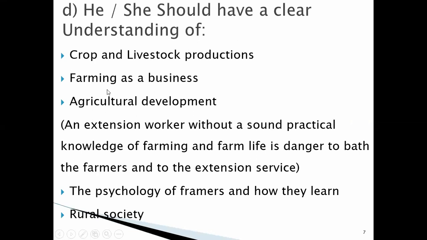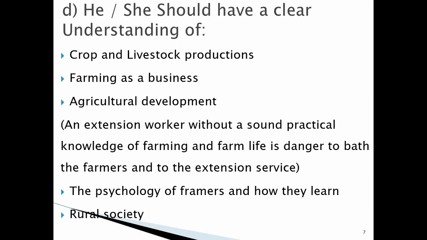And farming as a business, you have to think farming is a business. And agricultural development, you should always think of development in agriculture. And you should be aware of the psychology of the farmer. When you are saying something, you should be able to say it in a way the farmer can understand, from the farmer's point of view. The psychology means the mindset of a farmer.